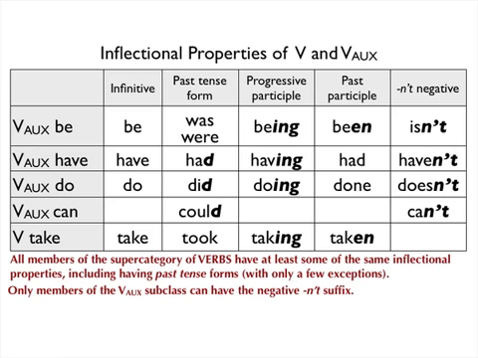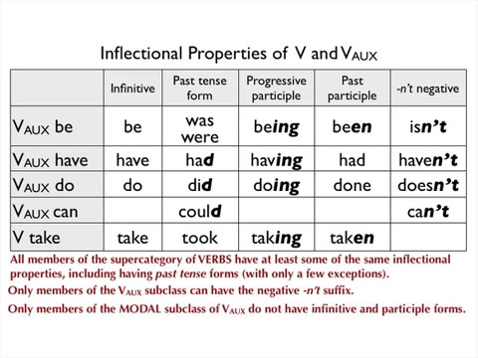So that's actually a good test. Do I know if I have an auxiliary or not? Can I put n't on it? The modal subclass of auxiliary verbs, can, could, may, will, and so forth, don't have an infinitive or any participial forms. There's no ing form for those, right? Coulding, willing. Willing would be a different thing, right?